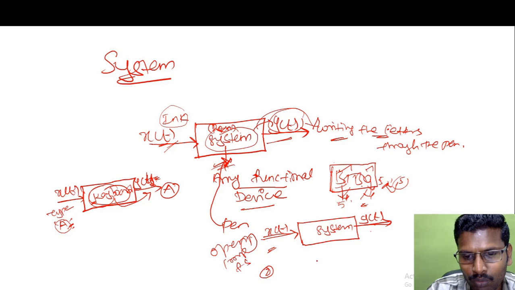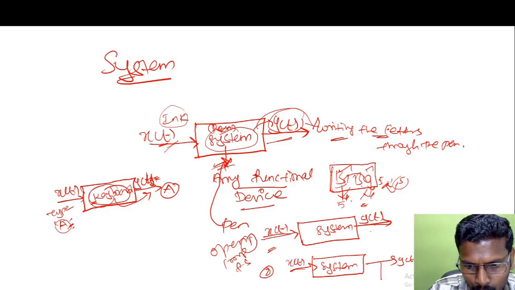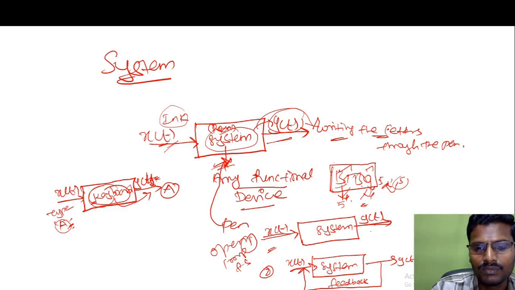Then we have one more type of system, and this is y of t output, and this is x of t input. Here the output of the system will be used as a feedback to the input of the system. The same system will have the output as input, right? So now see here. I am giving x of t as input to the system.